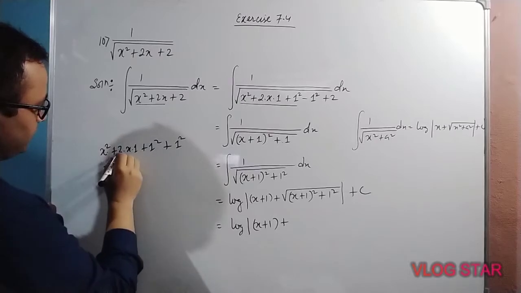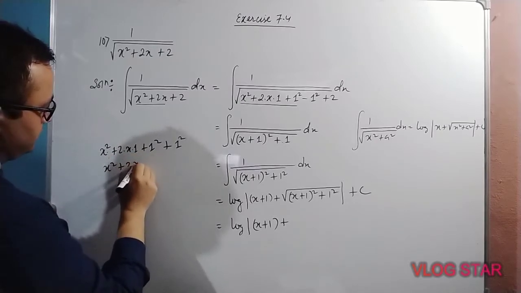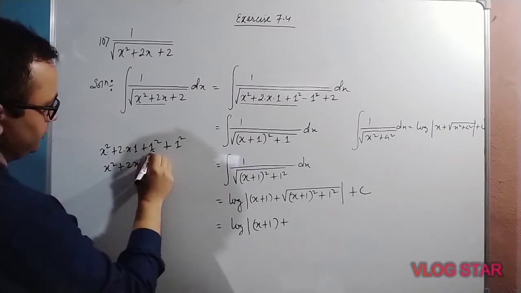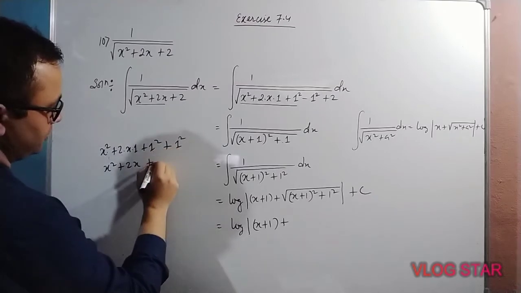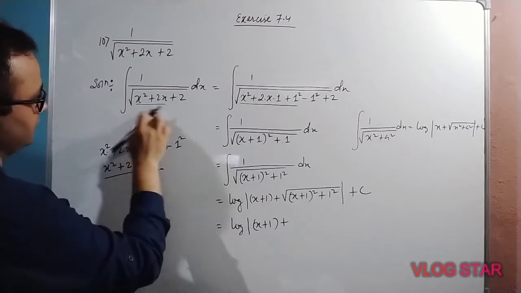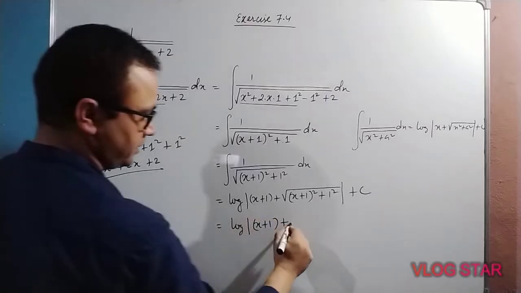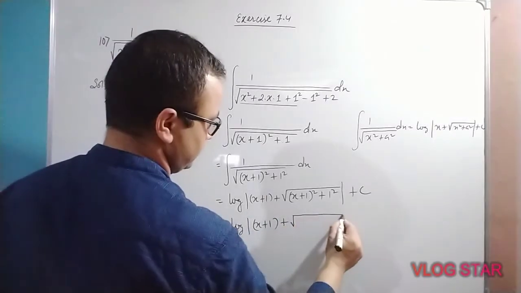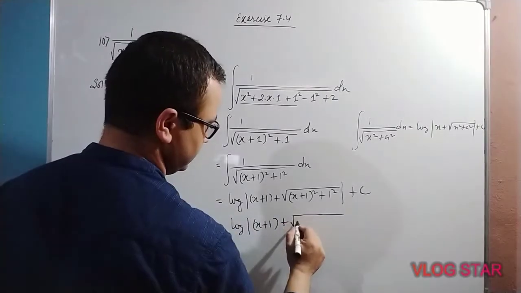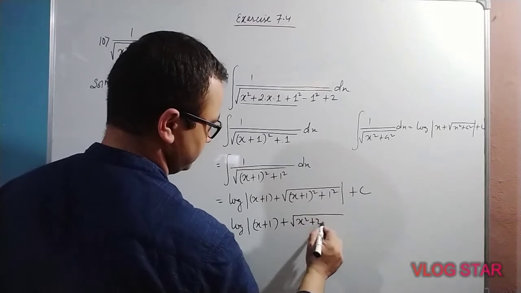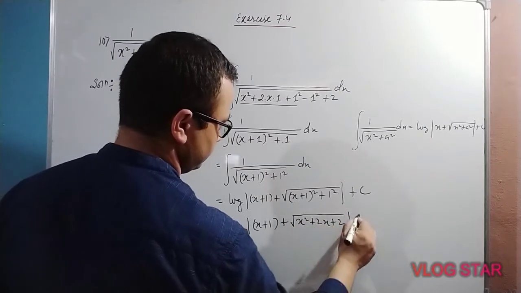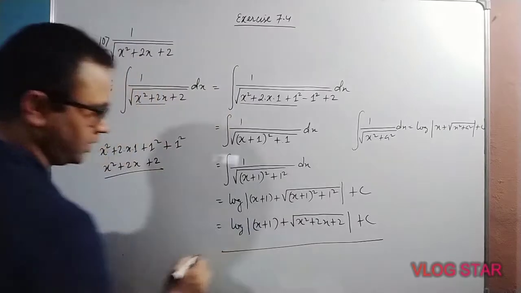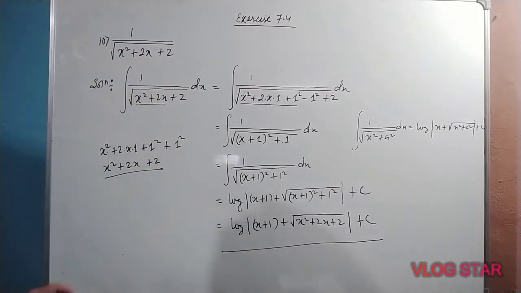So x square plus 2x into 1 is 2x, plus 1 square is 1, and 1 plus 1 is 2. So you will get this same expression. So we can write here log x plus 1 plus root under x square plus 2x plus 2, plus c. Now this is the answer of question number 10.